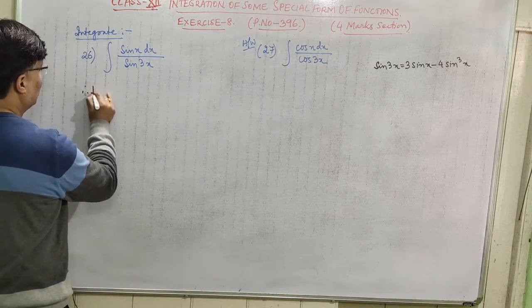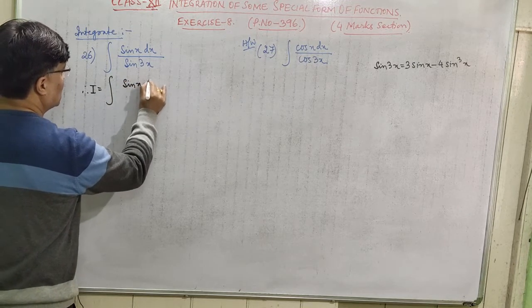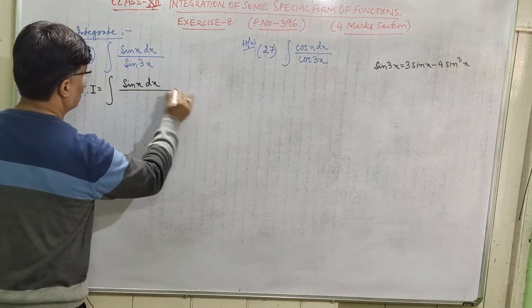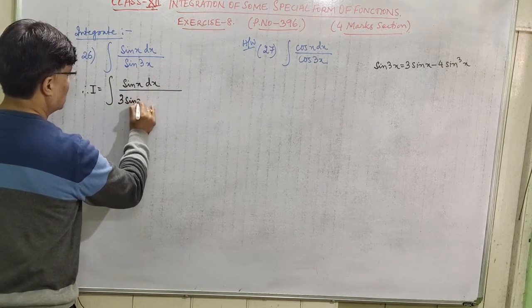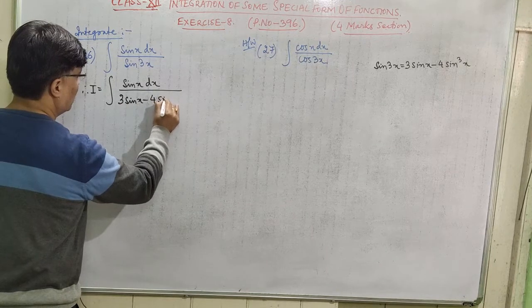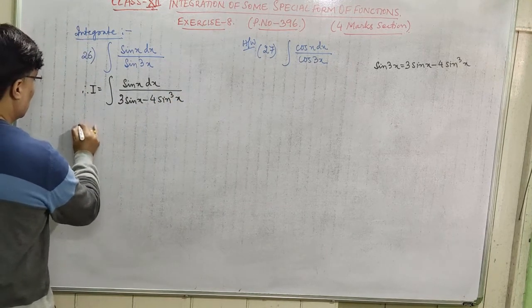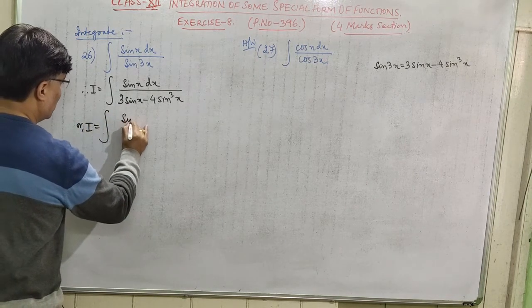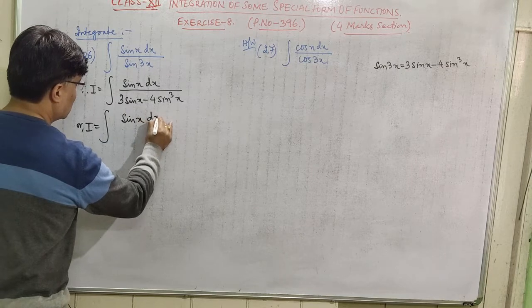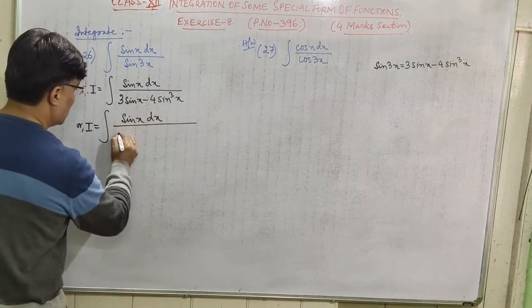So let us write here first I is equal to integration of sin x dx divided by what is sin 3x? It is 3 sin x minus 4 sin cube x, right? So or I is equal to integration of sin x dx divided by what is common out here?